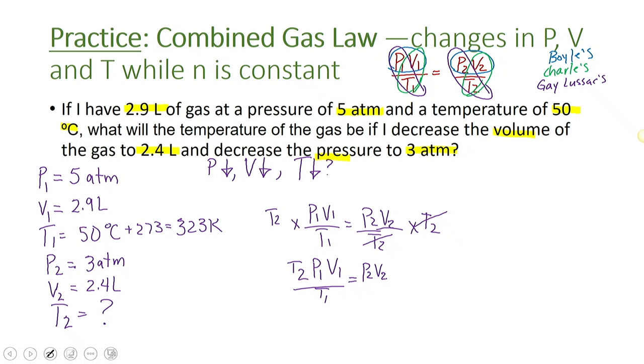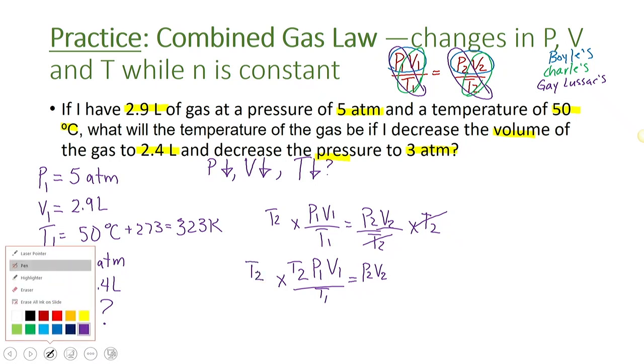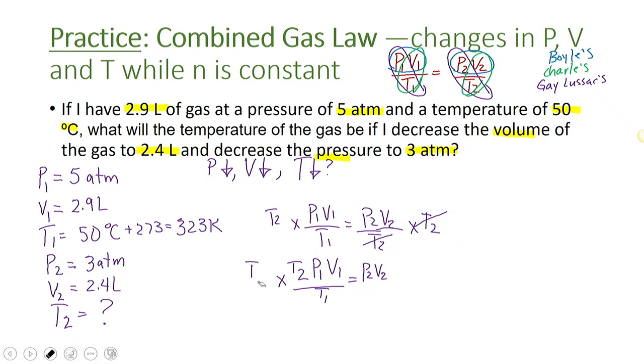I'm going to move over to the left now so we'll have more room. All right, so I still want to get T2 by itself. So remember we did before, we had to multiply by the inverse. So I'm going to multiply T1 over P1 V1 to both sides. Right?